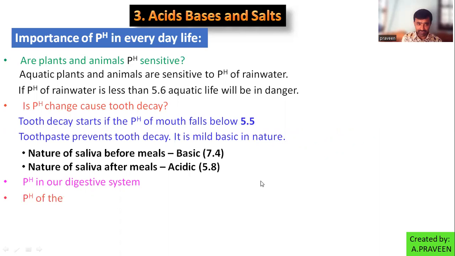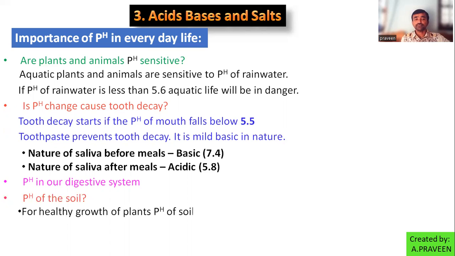Next is the importance of pH in our soil. The pH of soil is helpful for the plants' growth. Healthy plant growth happens between 5.5 and 7.5.